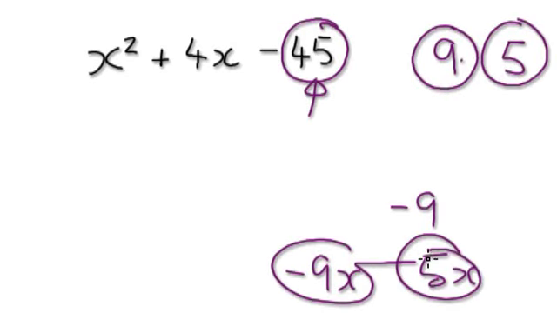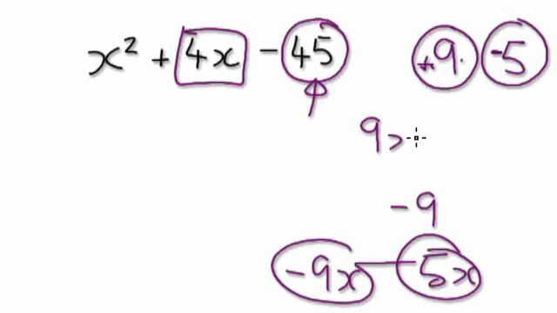You see, when you merge these two together, it will give you negative 4x. So because I'm trying to make 4x here, I'm going to need positive 9 and a negative 5. Because later on I will have 9x and then over here minus 5x.